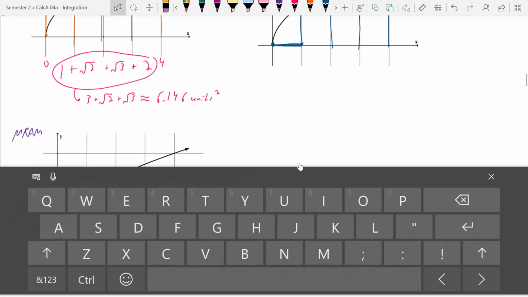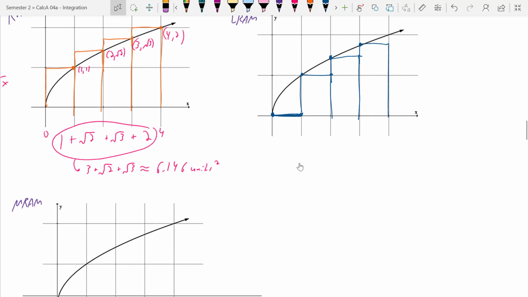So if I calculate the areas of those, it's going to be similar to what we did, but it is 0 plus 1 plus root 2 plus root 3, and I get a simplified version of 1 plus root 2 plus root 3. If I plug it in, I get 4.146 units squared.